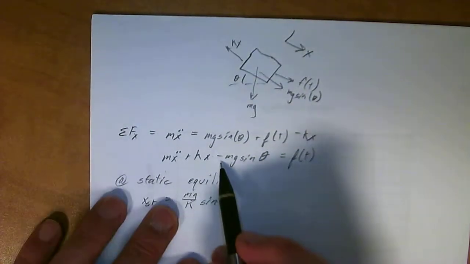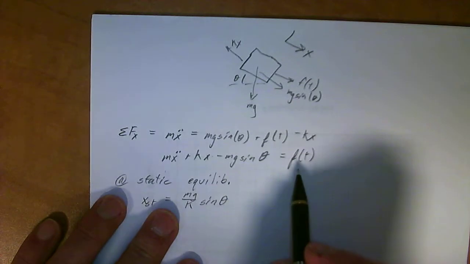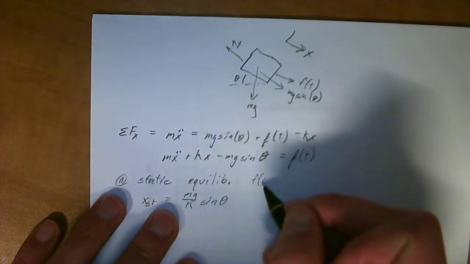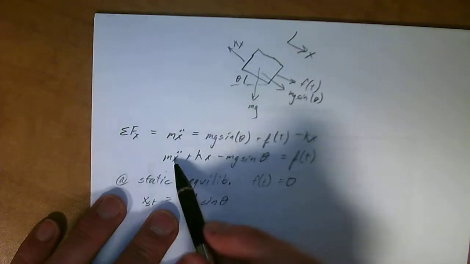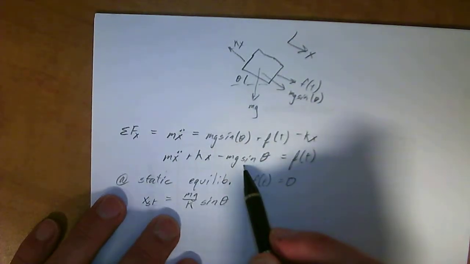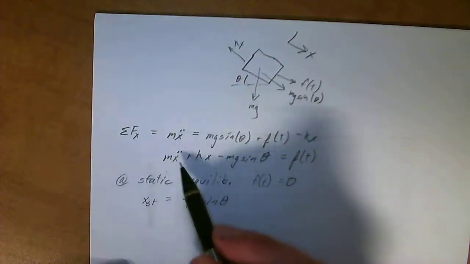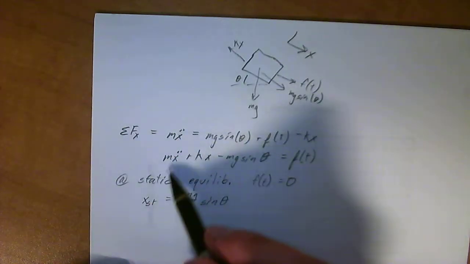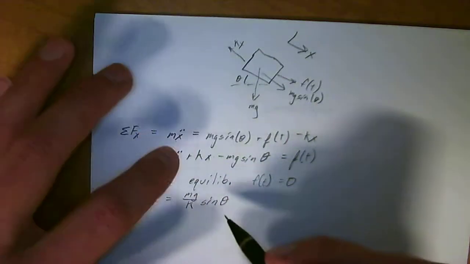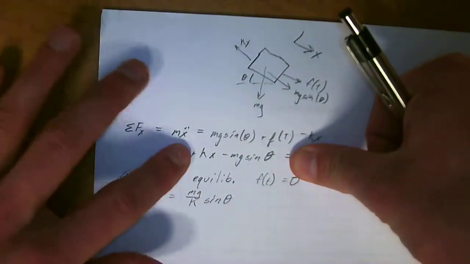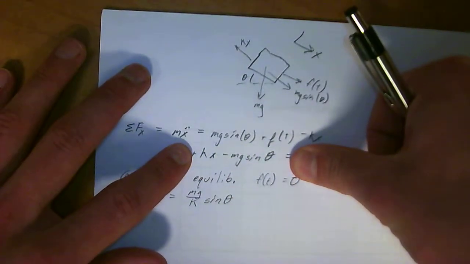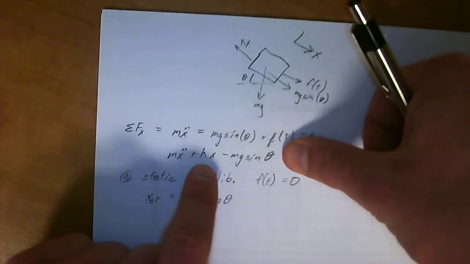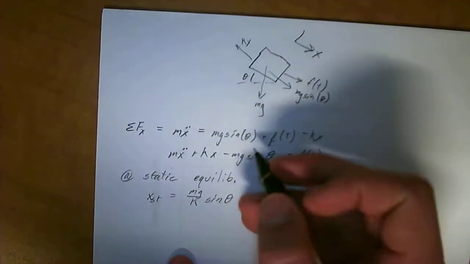Now this came from this equation if you assume f of t is non-existent. So in order to get static equilibrium, you assume f of t is equal to 0, and you assume that there's no motion of any kind. So x can't be accelerating. You're just solving for the x static position. So f of t is gone, and any acceleration is gone. Then you set that equal to 0 and solve for x, and this will give you x static.